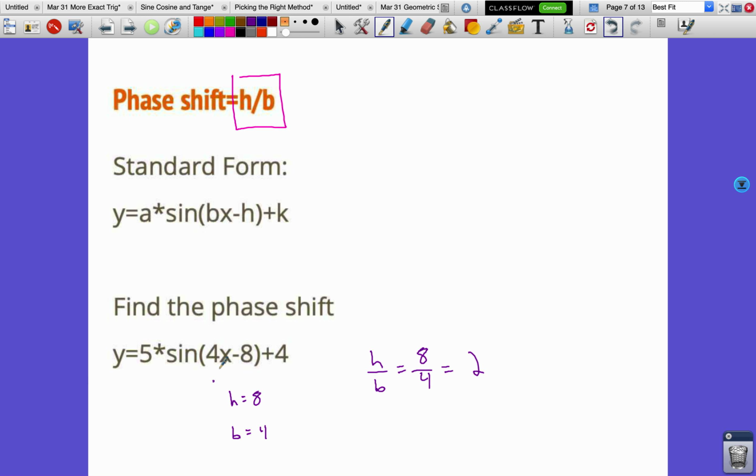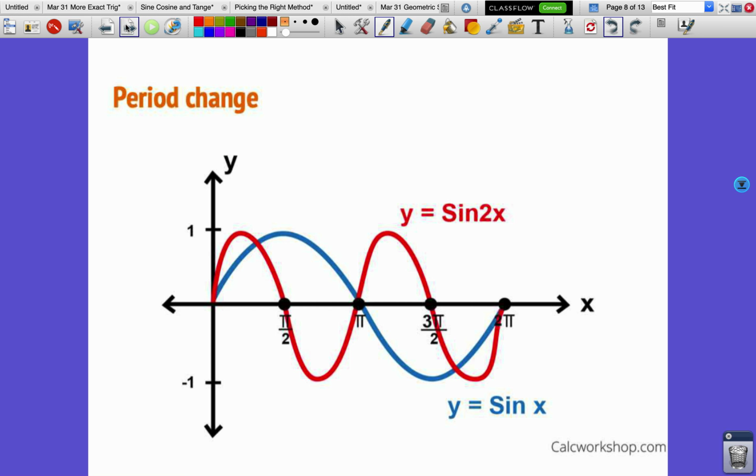So wherever this function was before this h value was added in, and this b value, everything is going to be moved 2 units right. Or we just say a positive 2. I think that's that for phase shift.